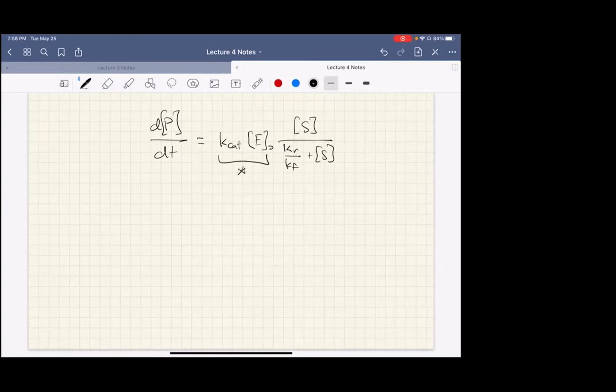So firstly, from here, this is the maximum rate, the maximum value of dP by dt.